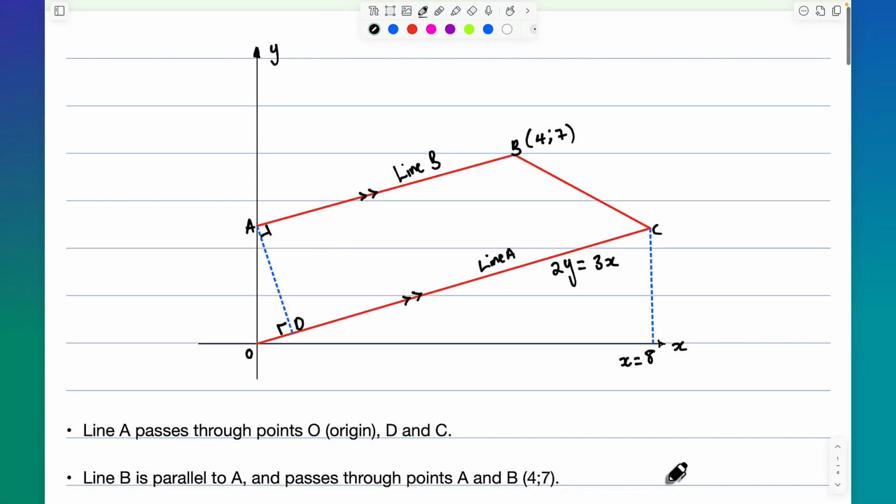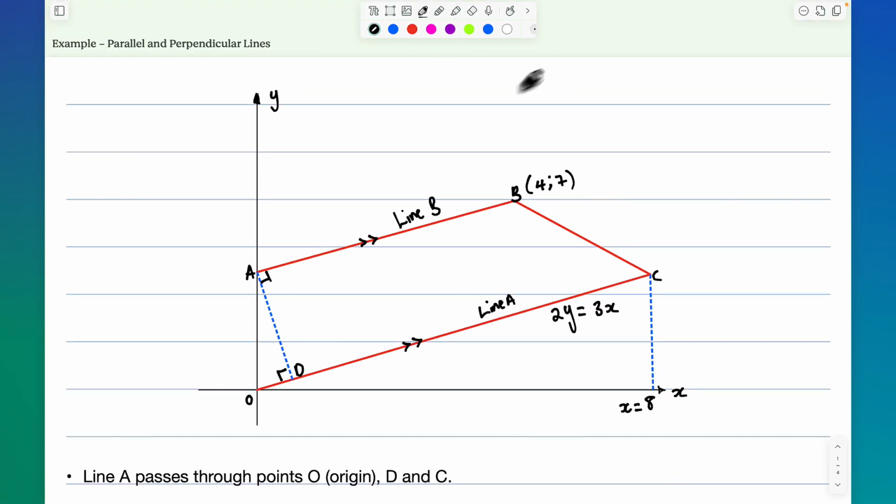So what we basically mean is this. A trapezium is a shape where we have two parallel lines. We have this line and we have that line, and these two lines are going to be parallel. And then we have two lines connecting those two parallel lines. That is basically what a trapezium is. And what we're saying is this line AB and that line OC, those are your two parallel lines.